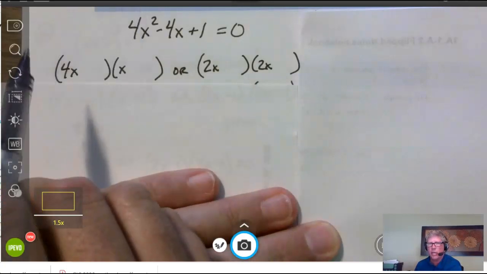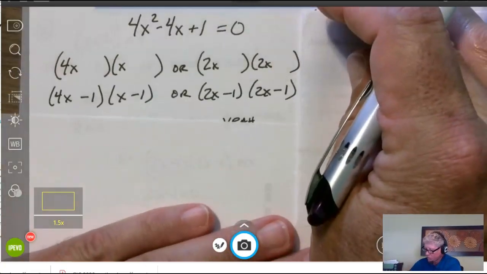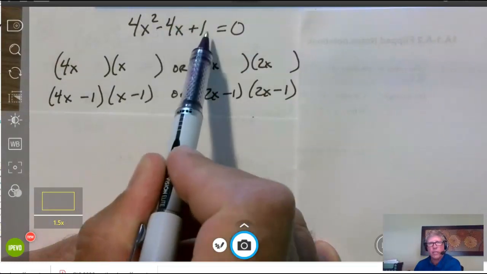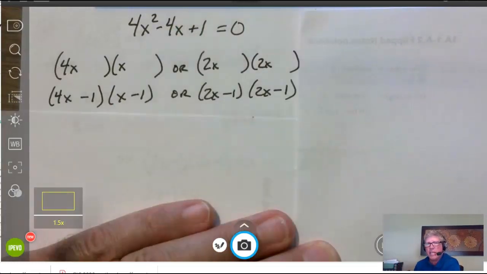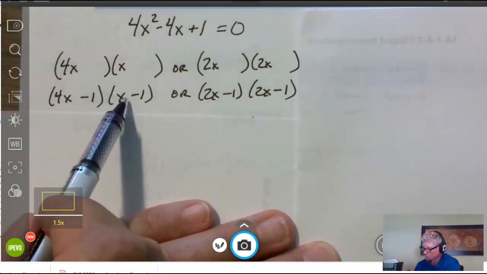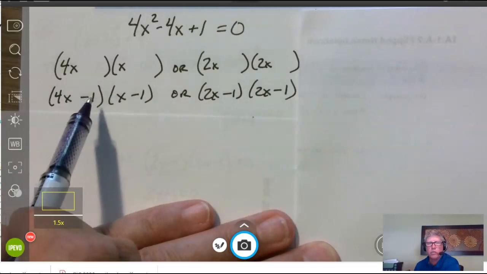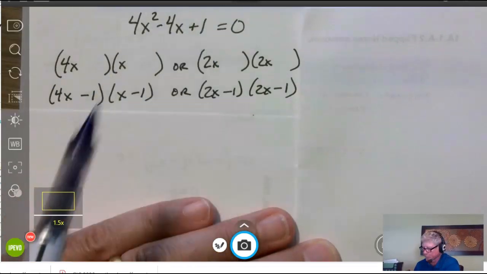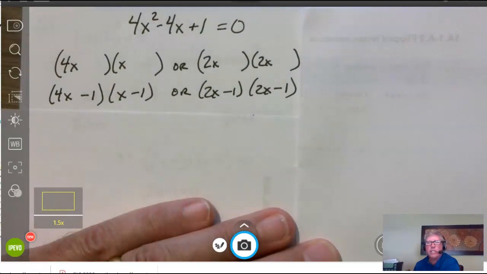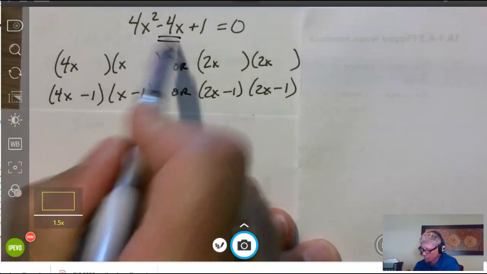I'm a little nervous. I see that this positive 1 and this negative, the only thing that really is going to make sense, if this is going to be easy, is a -1 and a -1, because those two multiply to positive 1. Now I have to think about which one works. Which one of these will end up combining so that I will get the negative 4x?